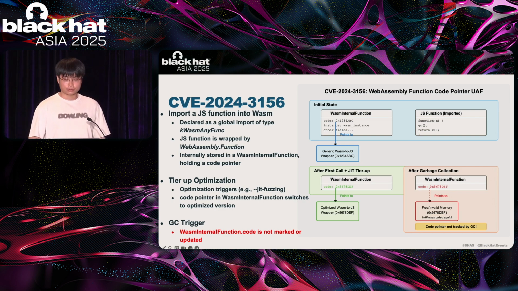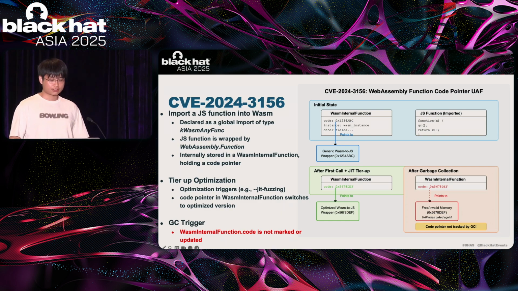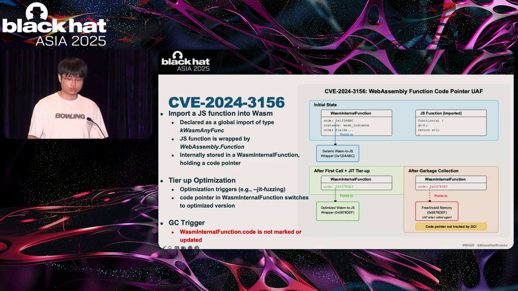The critical issue arises when garbage collection is triggered again during the execution of the JavaScript function. V8's garbage collector scans and updates various object references, but it fails to properly track and update the code field of Wasm internal function.